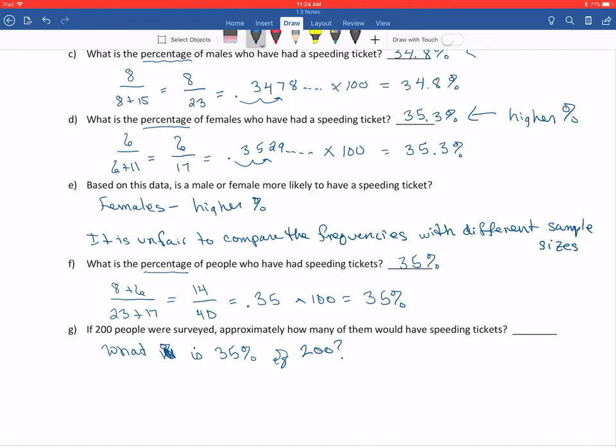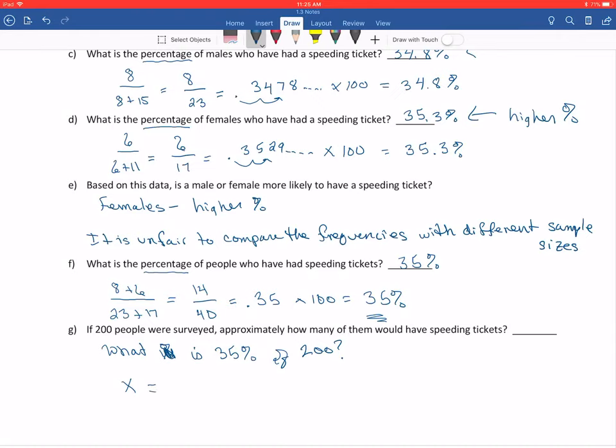That's the question. If I were to ask 200 people, what would be 35% of that? Because 35% is the general amount of people we expect to have speeding tickets. So what? Well, that's my unknown, so that's an X.